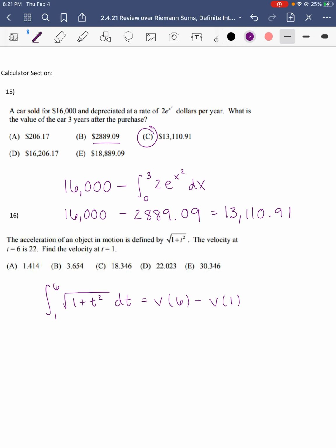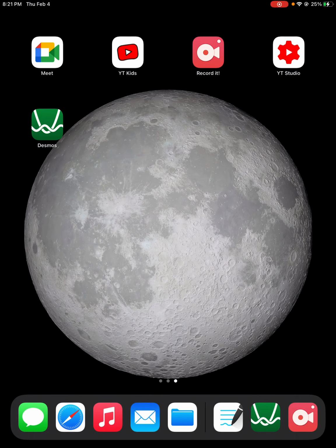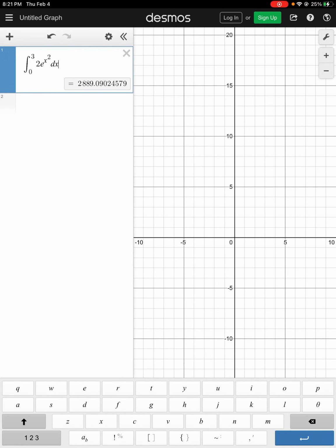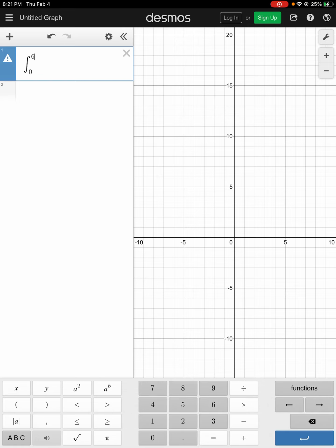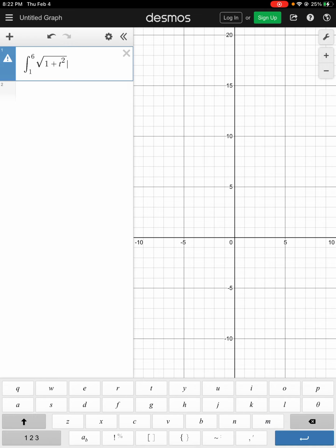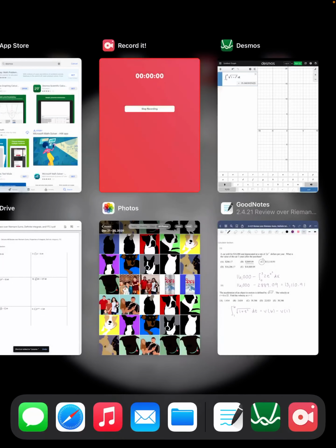Again, we're going to use a calculator, so from 1 to 6. Just go ahead and erase all that. It's going to be a 6. And then it was the square root of 1 plus t squared, so you get 18.346.